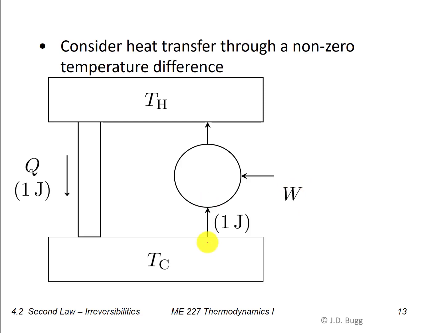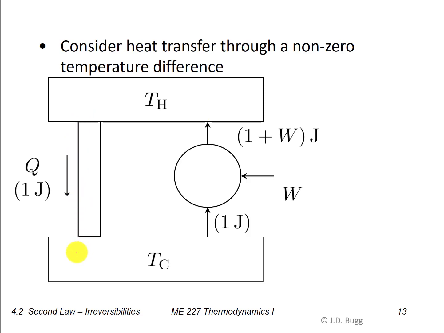So if we have 1 joule of heat transfer coming into our cycle here, and W joules of work being done on that cycle, then there must be 1 plus W joules of heat being transferred into the high temperature reservoir. So because of the Clausius statement of the second law, it is impossible to reverse this process.